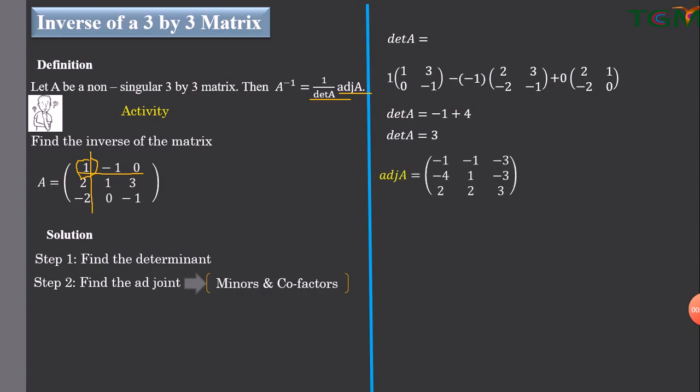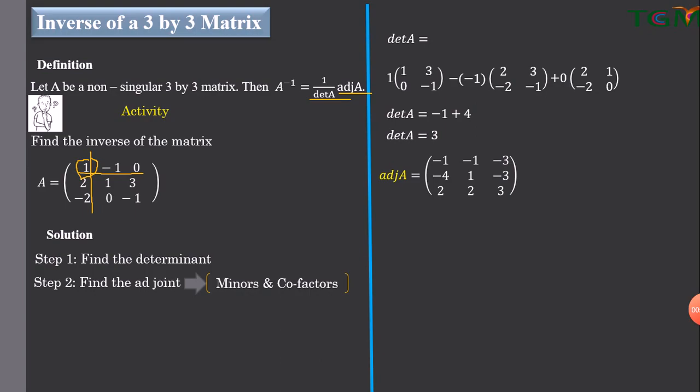Okay, the adjoint of A is giving us negative 1, negative 1, negative 3, negative 4, 1, negative 3, 2, 2, 3. If you are not sure of how this came about, you can just take a piece of paper and start by finding the minors and the cofactors.